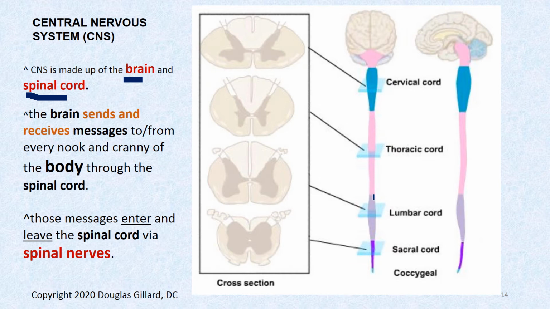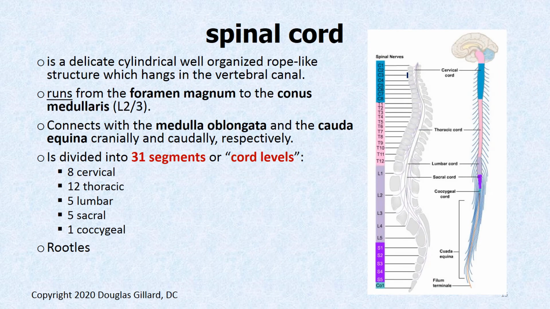We know the spinal cord travels through the vertebral canal, and it also leaves through the neuroforamen. What does it do? It sends messages out to the body through the motor nerves, which we looked at in lab yesterday, and it receives messages in from the sensory nerves. Right? And we won't worry about the autonomic system for right now, but that's just the very basics of this.